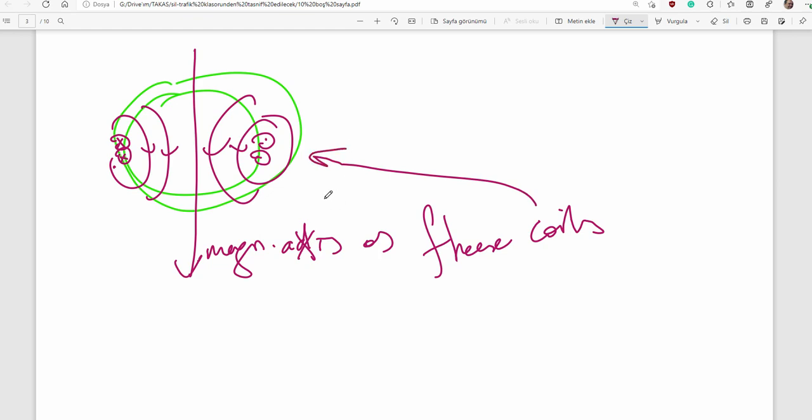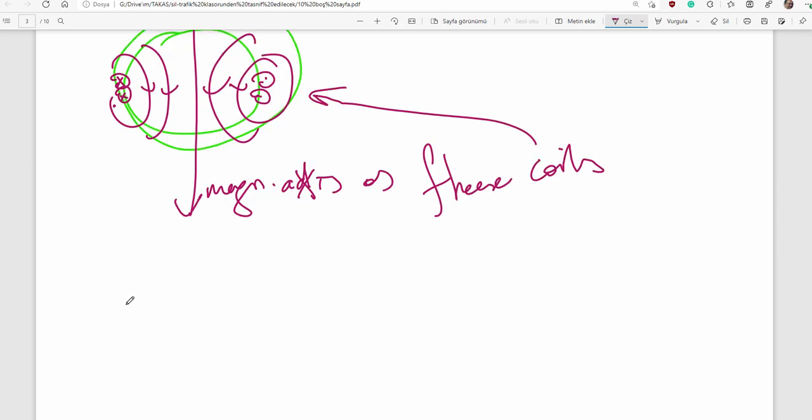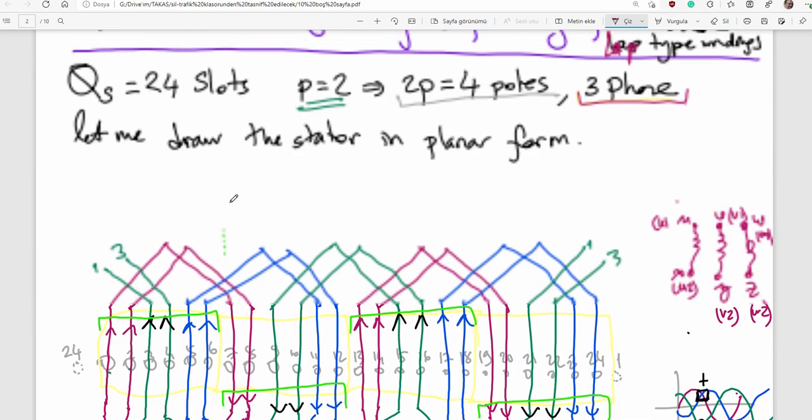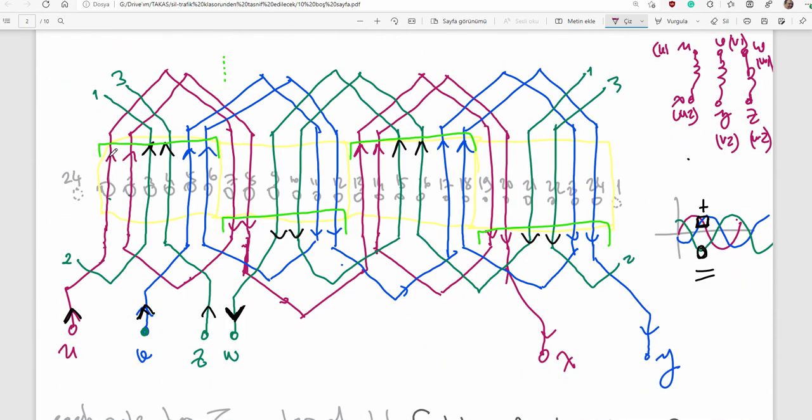But sometimes I say, let's consider this guy, the magnetic axis is just between the current changes. For example, here is the current, here is the return, so the magnetic axis will be somewhere here.